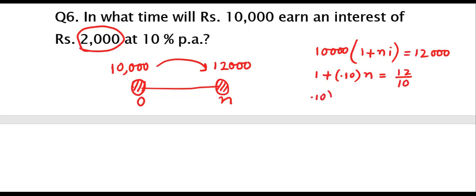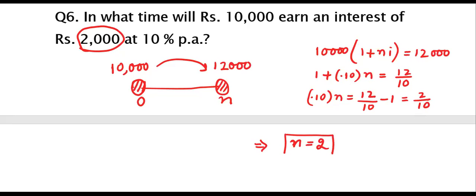Then you find 0.10 n. That will be equal to 12 divided by 10 minus 1, 2 divided by 10. Then this is 10 by 100, 1 by 10. You take 1 by 10 that side. So n will be equal to 2.